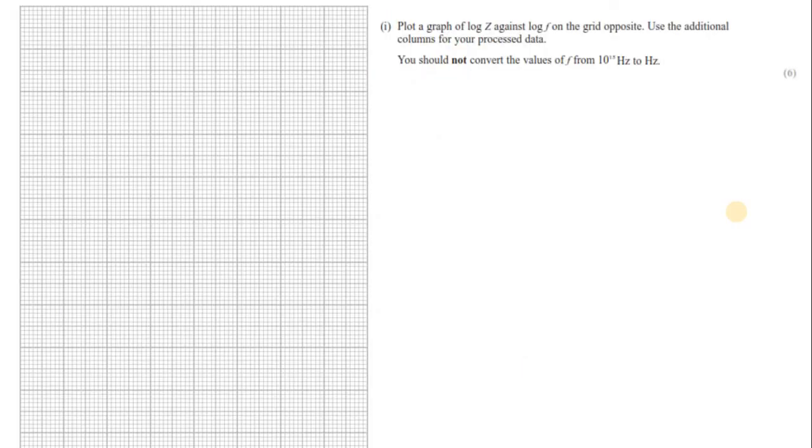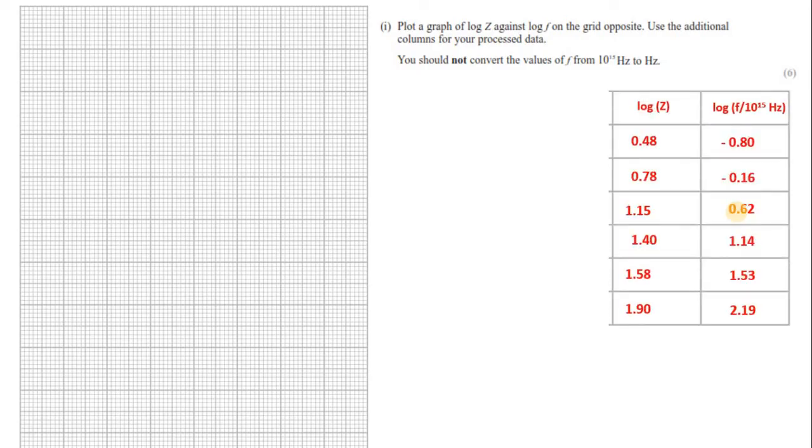Next part, plot the graph of log of Z against log of f on the grid opposite. Use the additional column for this, the same question. Basically, the new column where we found the values is this. But okay, now before moving on, you need to understand the important points of plotting a graph, because this is 6 marks, and these 6 marks are distributed across various steps.